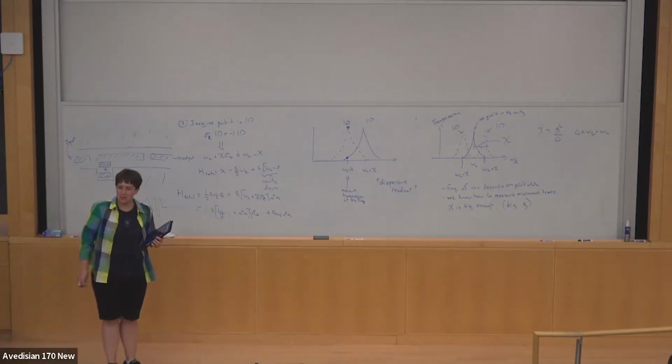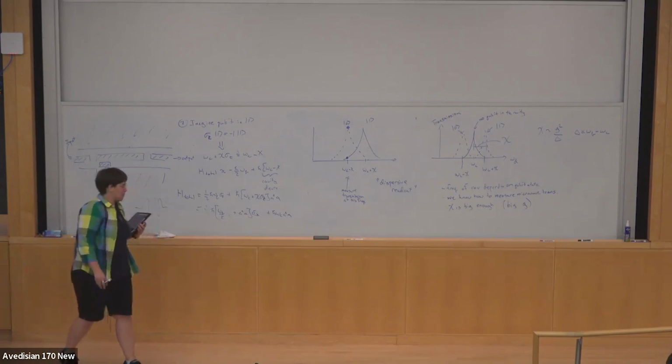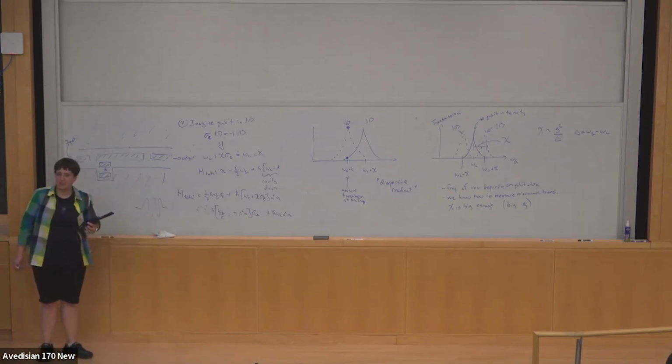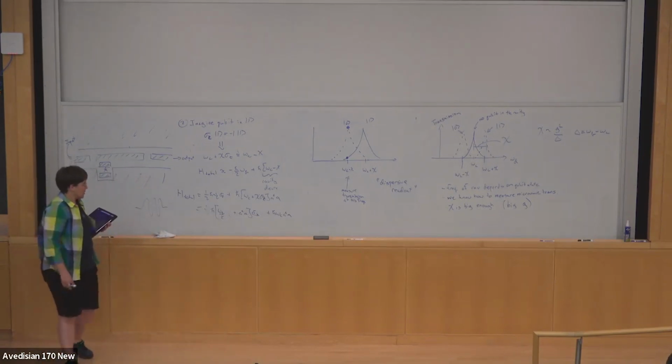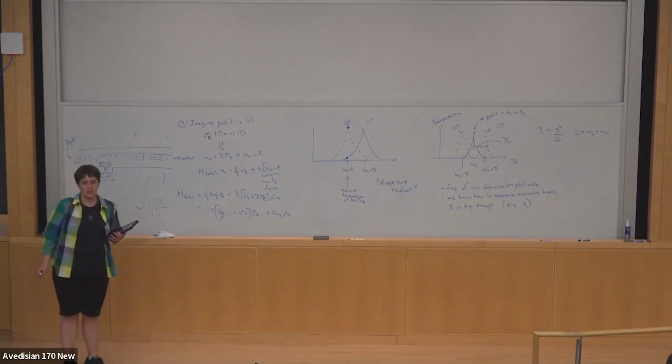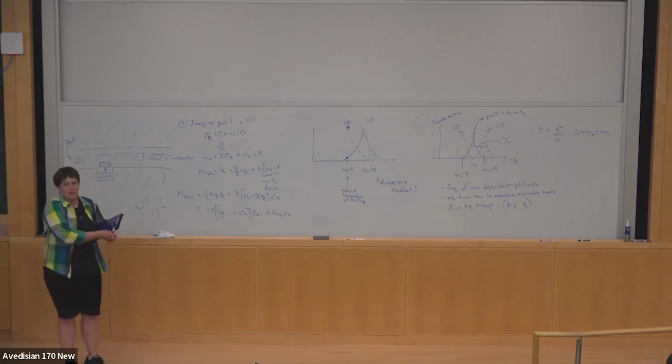This is called photon number splitting. It happens all the time in these devices. In certain styles of architecture, that splitting is actually used to do gates conditioned on the number of photons in the cavity and things like that.